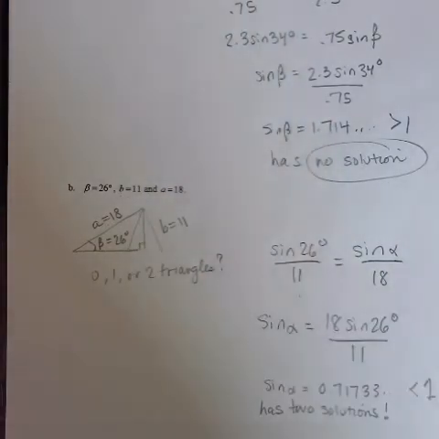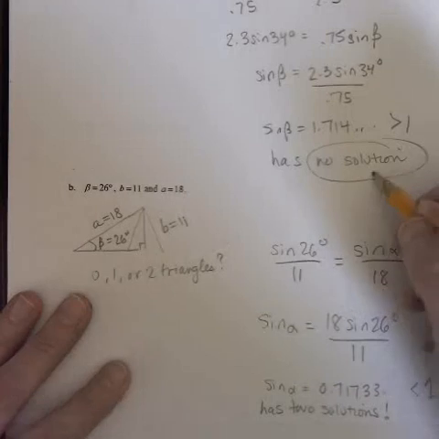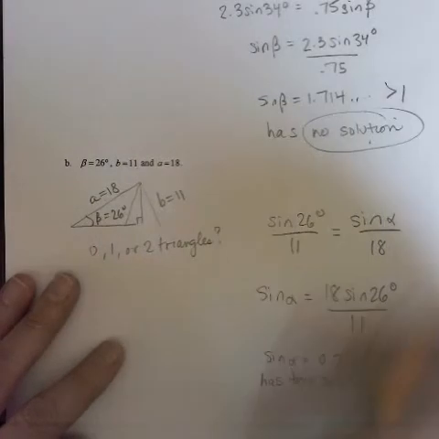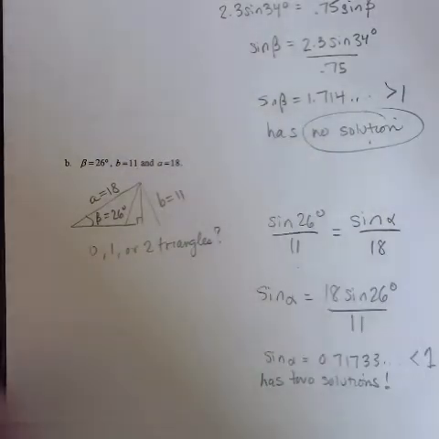So that's how you're going to tell. Bigger than 1, no solution. Equals 1, 1 solution. Smaller than 1, 2 solutions. And these should always be positive, right? Sine is always positive in the first and second quadrant if you put the angle in standard position. So sine of an angle from 0 to 180, doesn't matter if it's acute or obtuse, sine is always positive.